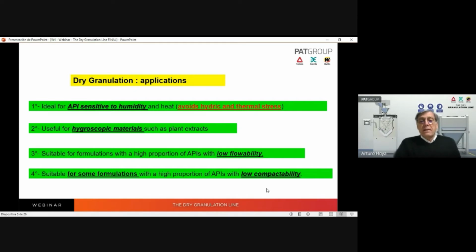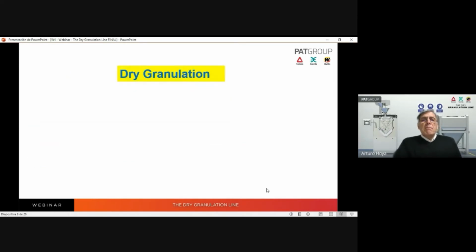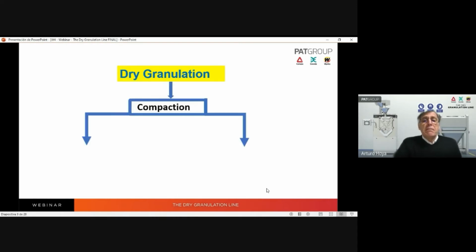Well, dry granulation is presented as a compaction, because dry granulation means the application of mechanical energy in order to bind the fine particles of the powder into granules. First, produce a briquette, a big compact, and then the milling, the grinding, will give the granules.